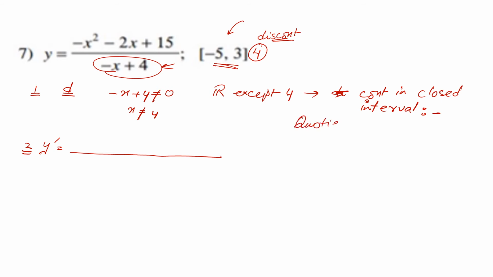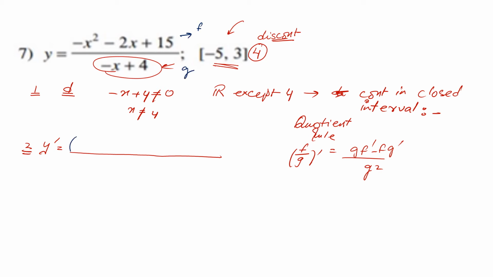Here we can apply the quotient rule, according to which if two functions are divided by each other, the rule says gf prime minus fg prime over g square. So here the numerator is f and the denominator is g.